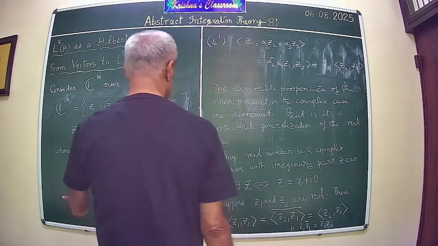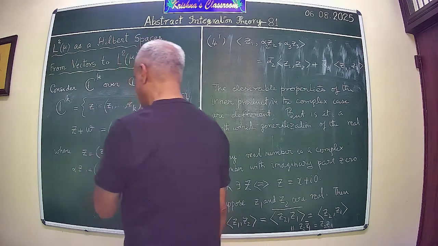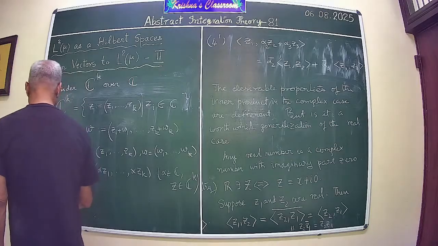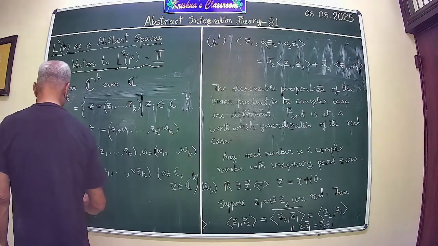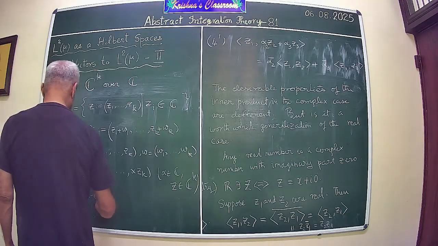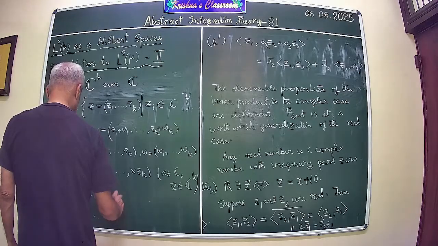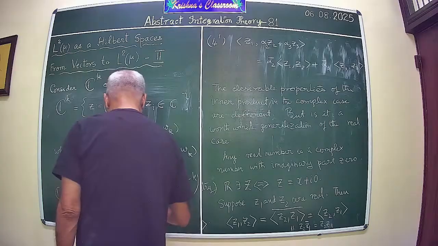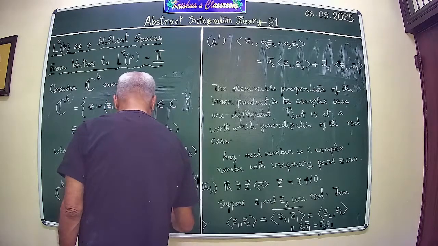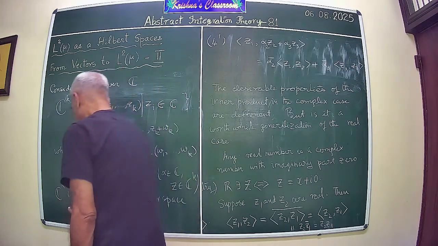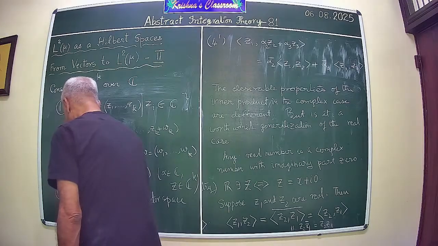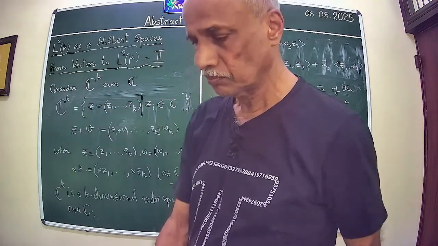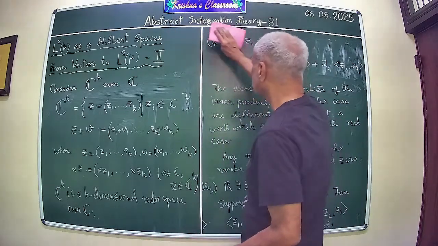Now then Ck is a k-dimensional vector space over C.